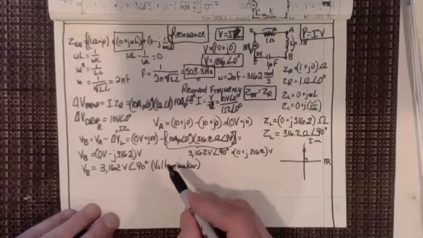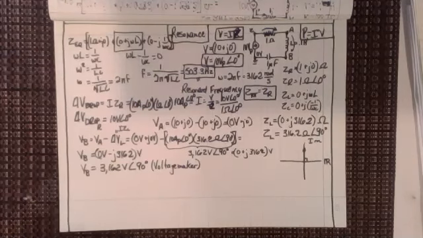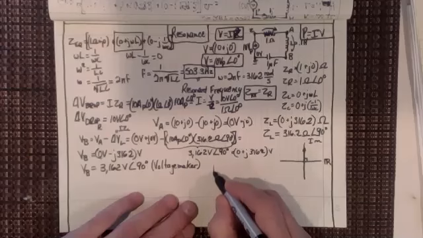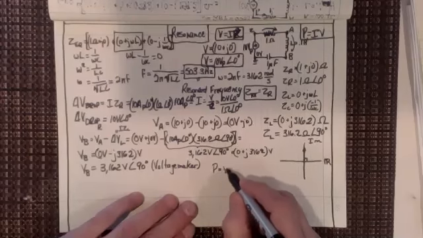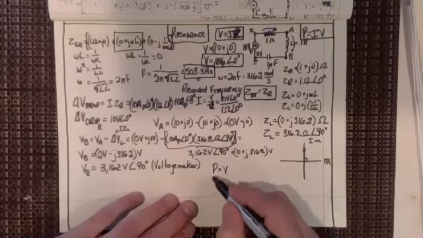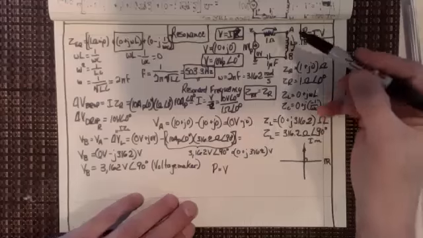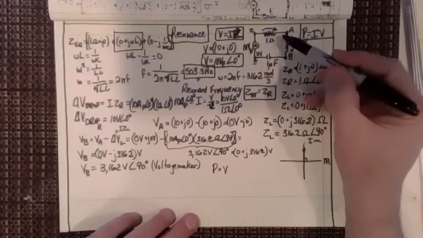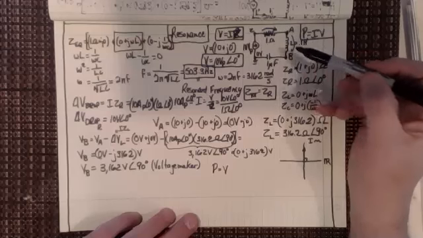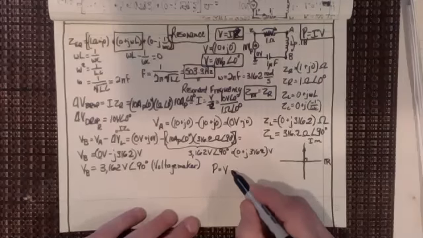And then also, I guess we could look at the power in this circuit too. If we were looking at the power, our voltage across any one of those things. Let's say that this one here, we're going to have a voltage across there of 10 volts, and the current that's going through there is going to be 10 amps.